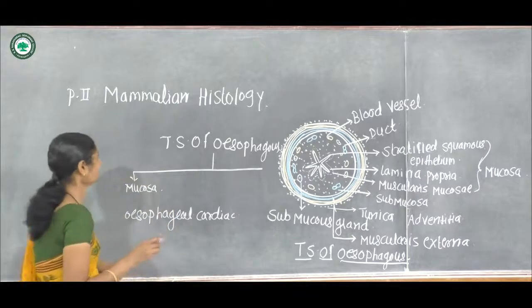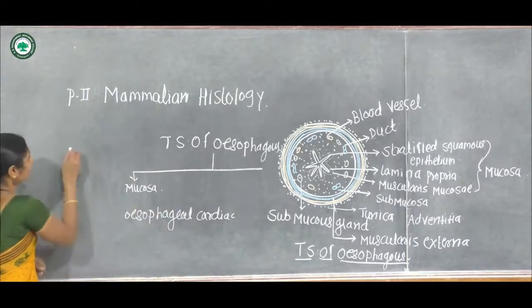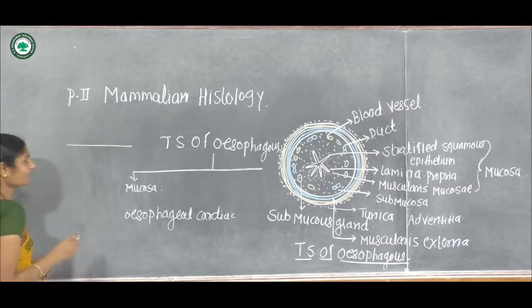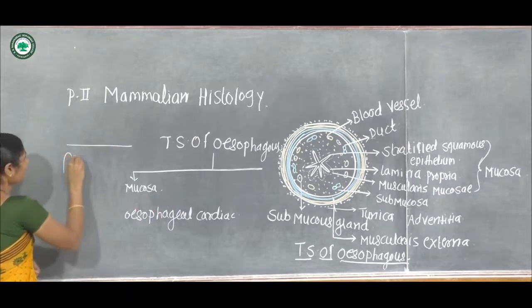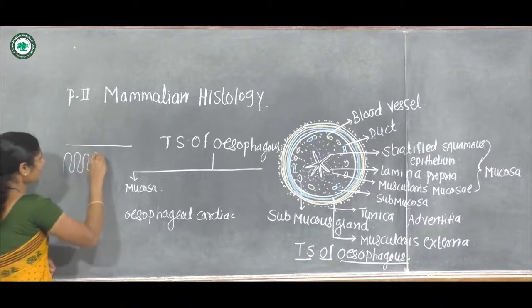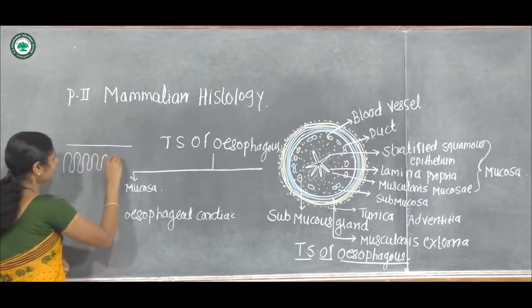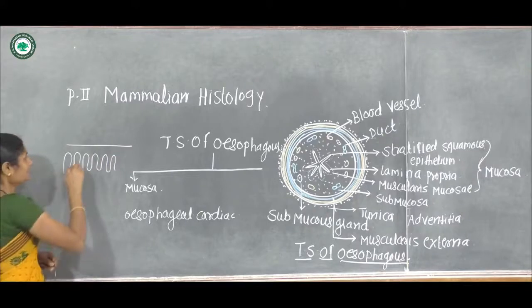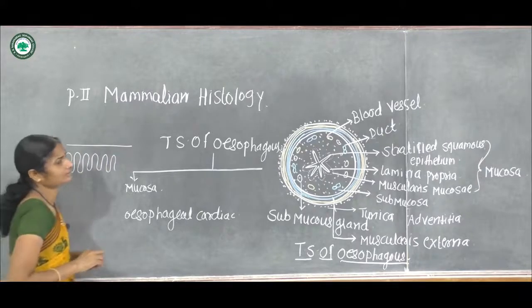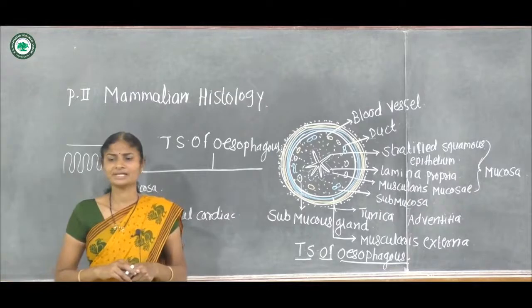In this mucosa layer, stratified squamous epithelial cells are present, and from the lamina propria region finger-like projections, that is papillae, extend into the epithelial layers.